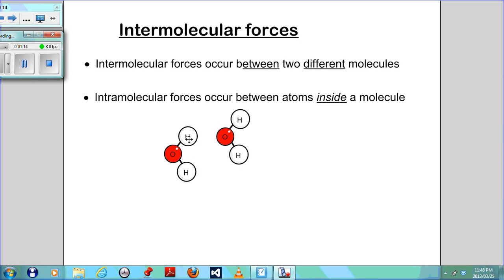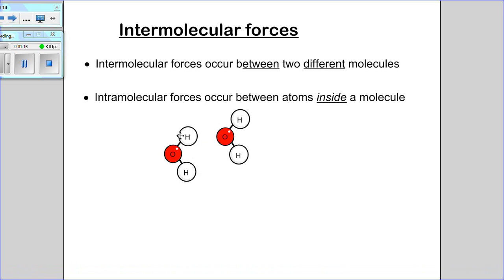But the molecular force between this hydrogen and that oxygen, between two different molecules, will be called intermolecular forces. So we're going to be discussing intermolecular forces, forces between two different molecules.